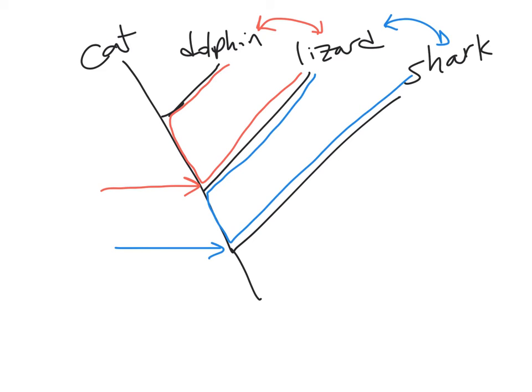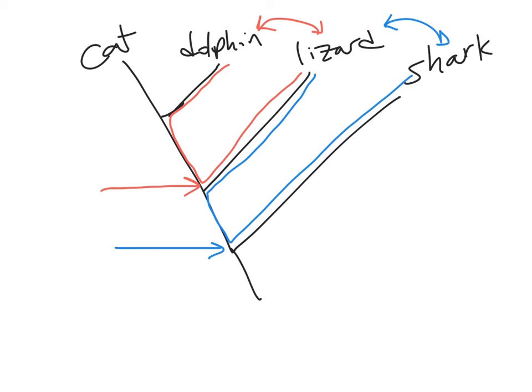I wish this app had a useful ruler where I could actually show you what the measurements of these lines are. Maybe take a screenshot and move it into a different program, or use a ruler. They don't even have a ruler on them. Measure your screen. Measure my screen. Right? The sum of the lengths of the red lines is smaller than the sum of the lengths of the blue lines. So dolphins and lizards are more closely related to each other.